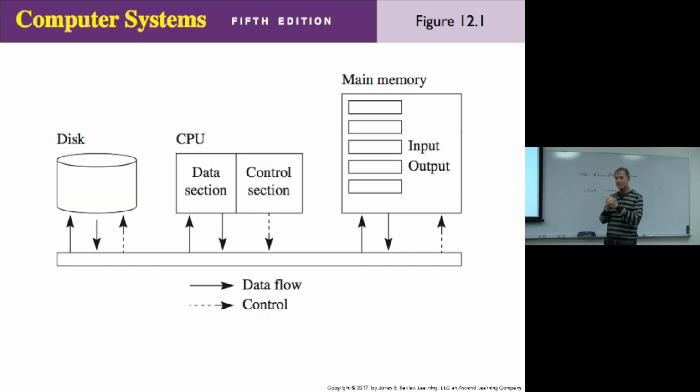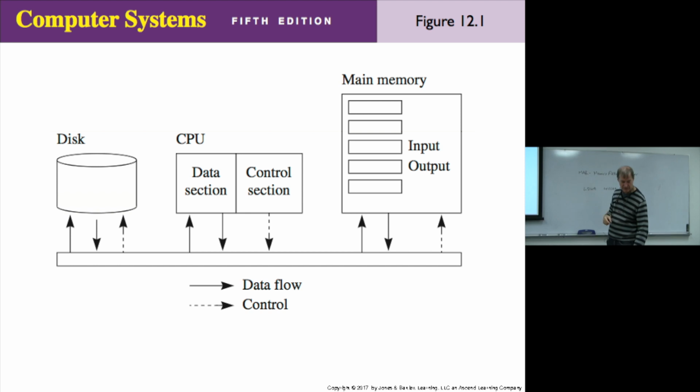Is everybody clear on how that's organized? So this dashed line is coming from the control section to the system bus. This line along the bottom is the system bus. There are 3 kinds of wires on the system bus: address lines, data lines, and control lines.